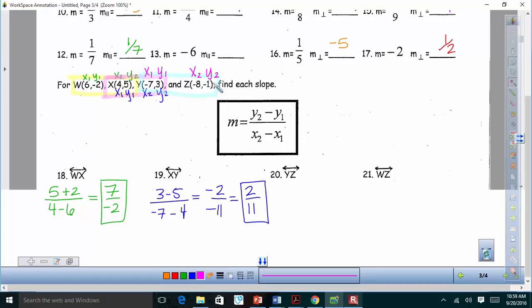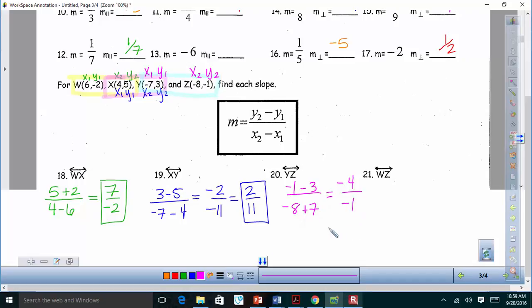So I'm doing Y2 minus Y1, so -1 minus 3, over negative 8 minus the negative 7, so that would be plus 7. So negative 1 minus 3 is a negative 4, and negative 8 plus 7 is a negative 1.